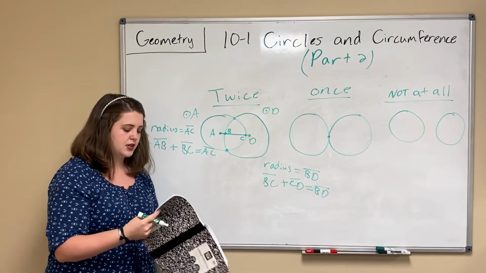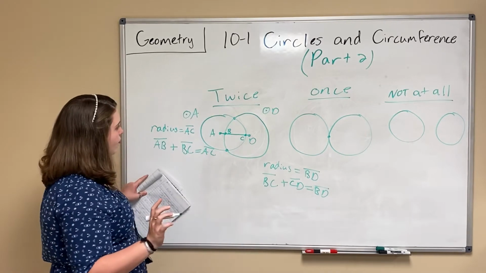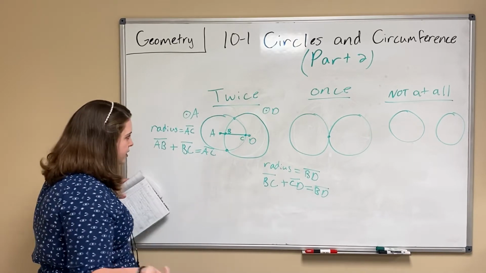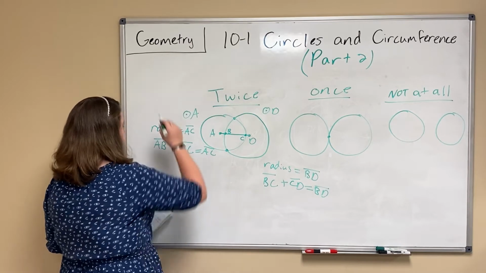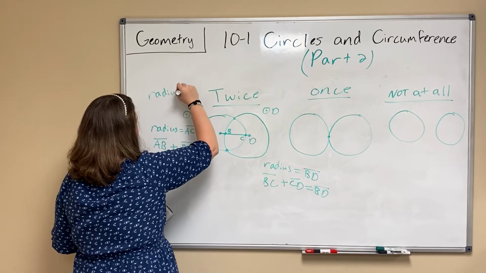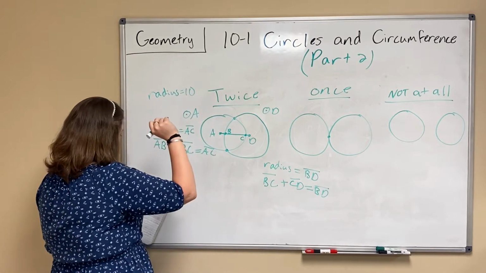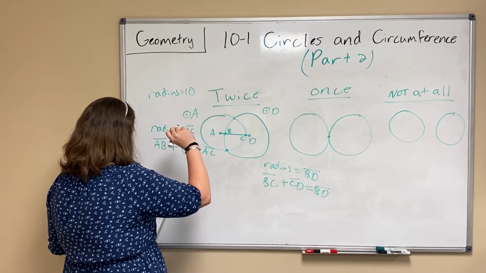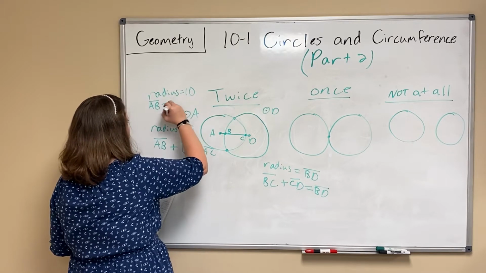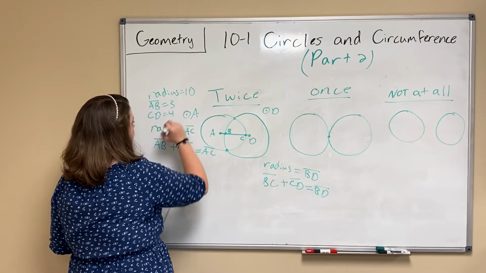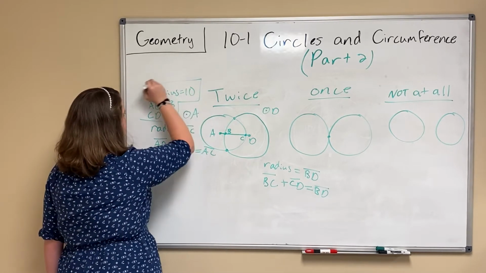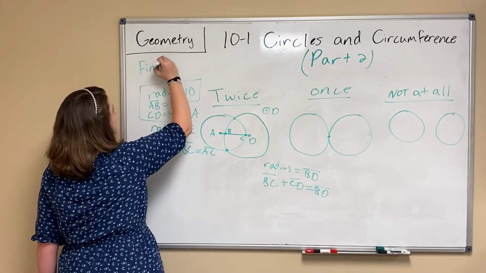What I'm going to do with this now is show you a question you're going to encounter on your homework. It's going to sound something like this: if the radius of A equals 10, and AB equals 3, CD equals 4, it's going to give you this much information, and then it's going to ask you a question like, find the diameter.